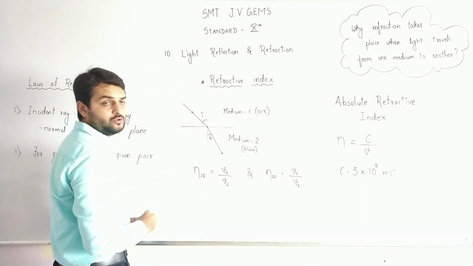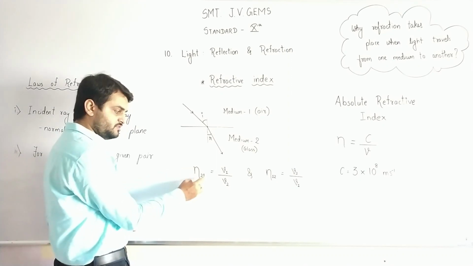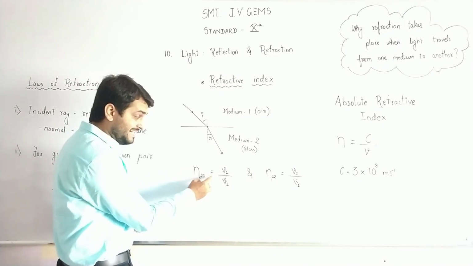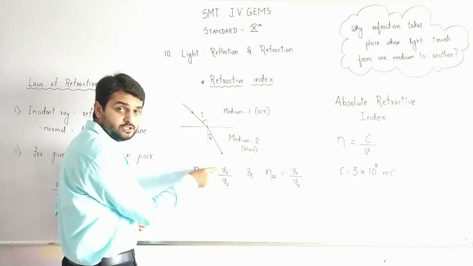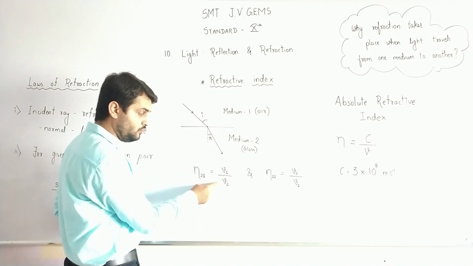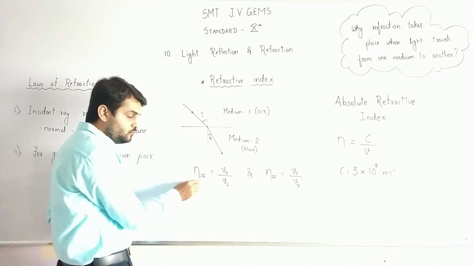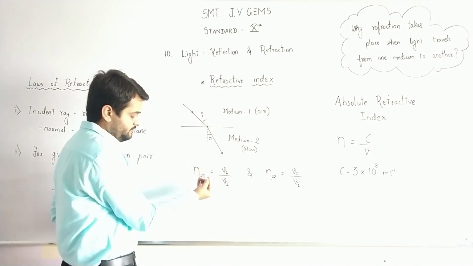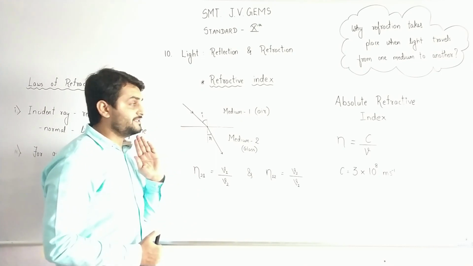Now, suppose I want to know the refractive index of medium 2 with respect to medium 1. That is given as the velocity of light in medium 1 to the velocity of light in medium 2. That means this ratio of velocities will give me the refractive index of medium 2 with reference to medium 1.